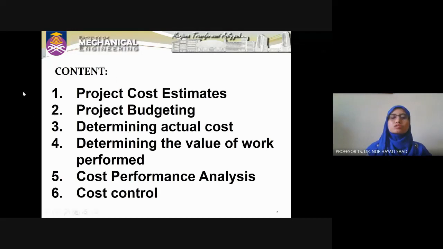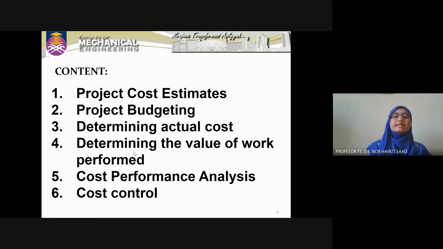Determining actual costs is how we observe the actual cost throughout the operations, the execution stage, and the value of work we perform, the cost performance analysis, and also how we control the cost.